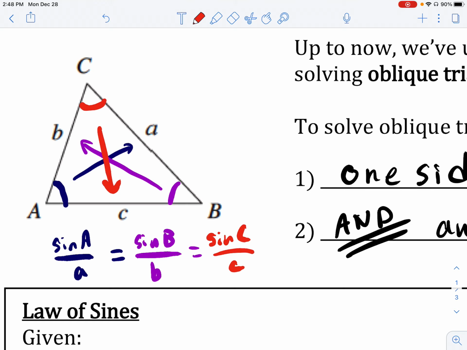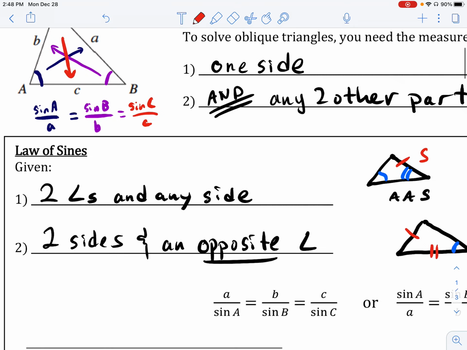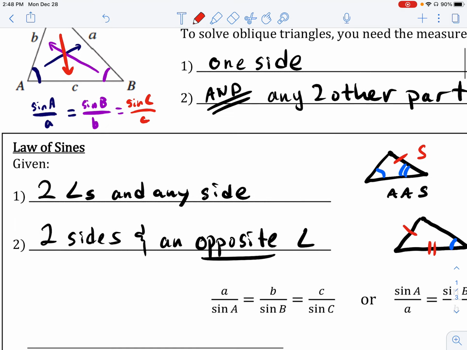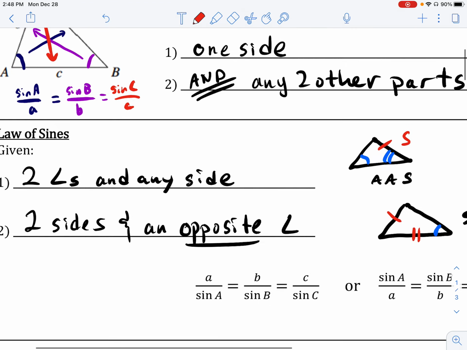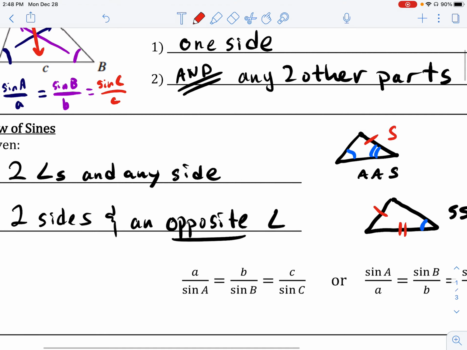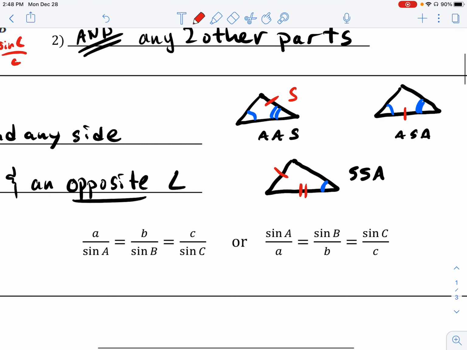So the law of sines says we can leverage that bit of information to solve for any other sides or angles that we don't know, provided that we're given an AAS, an ASA, or an SSA case. Now you'll notice that I've written the law of sines in two different ways here. This part really isn't that important, but whenever we have the sides in the numerator, that just means we're solving for sides.